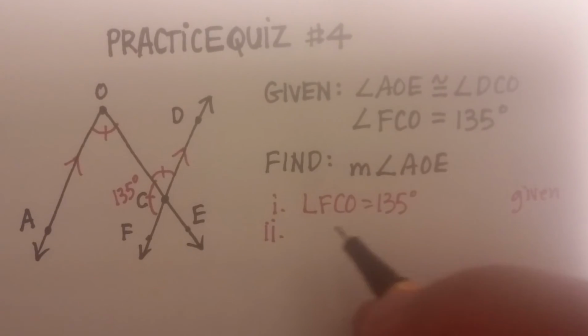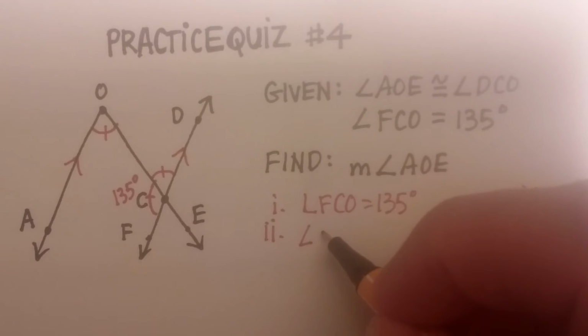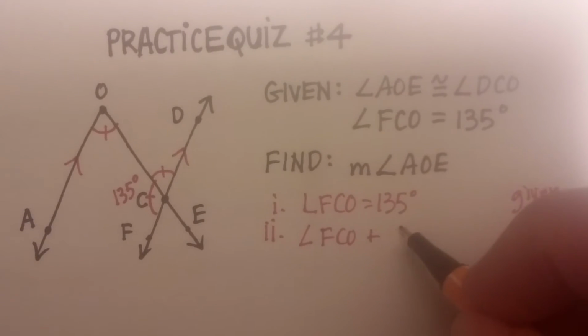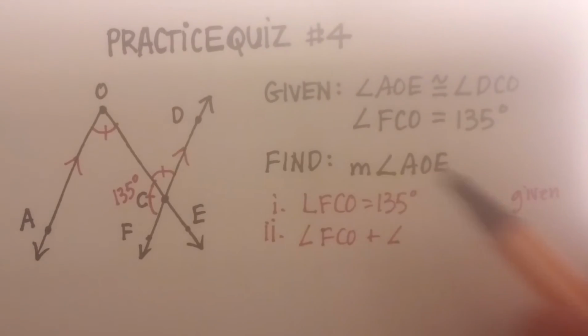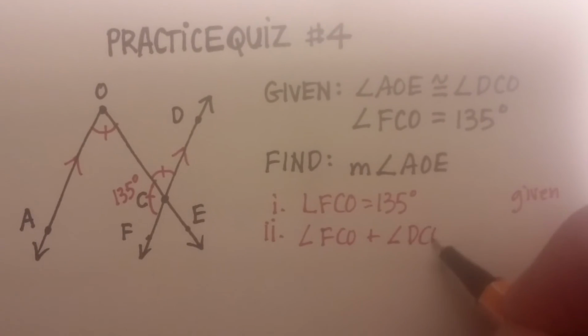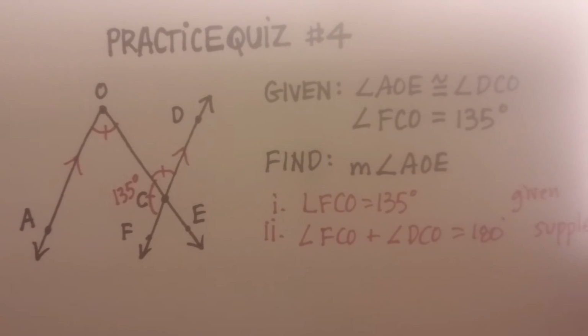I also know that angle FCO plus angle DCO equals 180 degrees. Again, those are called supplementary angles. And I'm going to put that over here. It's probably going to go off the page, but you'll get the idea. I'll just call it supplementary for now.